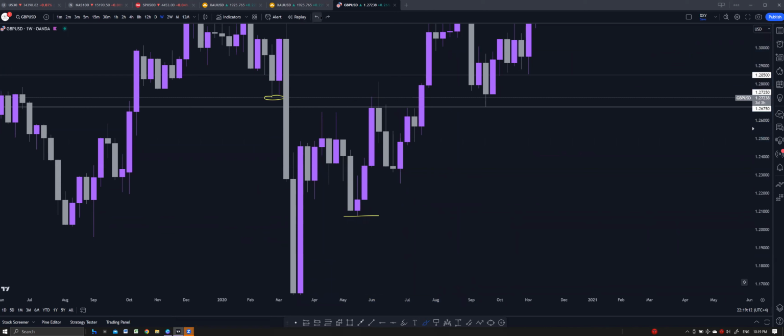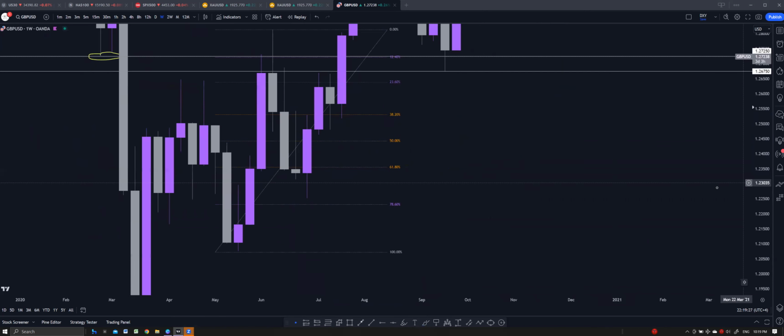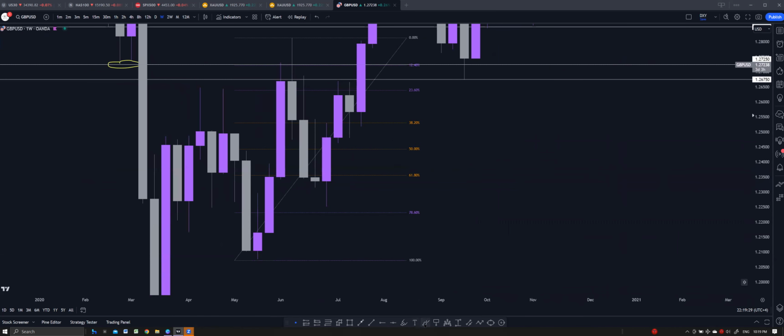So I'll take my Fibonacci tool, that's point A, the low, the high, the point B right there. And then I see point C occur at the 61.8 and it retraces a bit too much at the 78.6. So a lot of traders would still take this trade, but the most optimal area would be for price to retrace towards 38.2, 50, or 61.8.